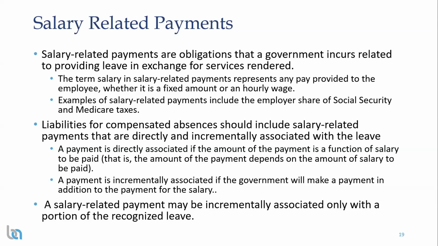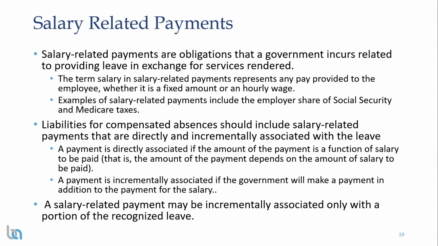So for example, if that deferred comp contribution, you only do it for active employees. So when someone uses their vacation, you're doing deferred comp, so you're accruing the salary-related payment. But if somebody were to retire and they're cashing out their vacation, maybe your policy is not to make contributions for those types of payments.